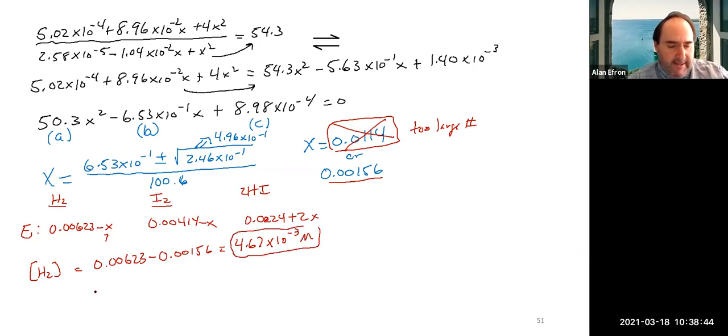Our I2 would end up at 0.00414 minus 0.00156, and that gets us 2.58 times 10 to the minus 3.